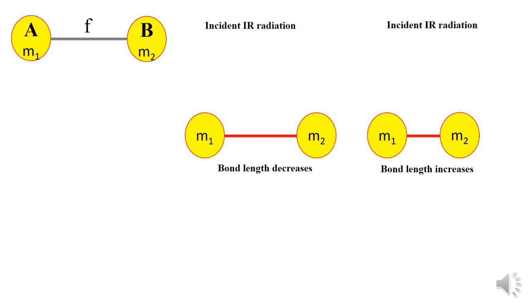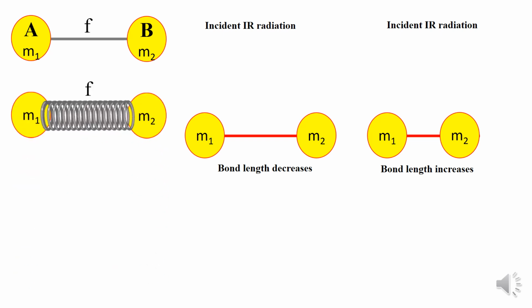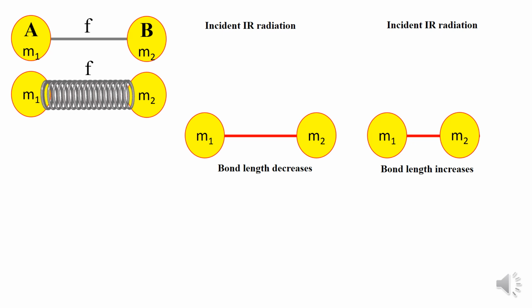The strength of this covalent bond is expressed by the force constant F. Now the covalent bond that holds the atoms together is not rigid, but it is flexible like a spring, and therefore the covalent bond can stretch and bend.